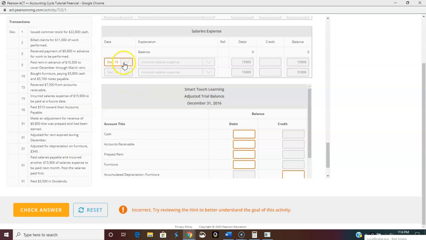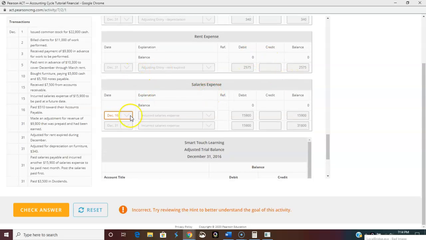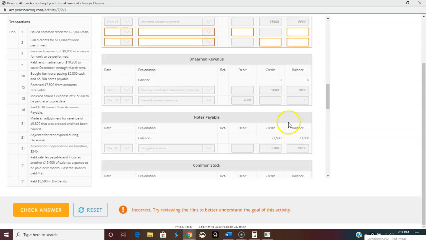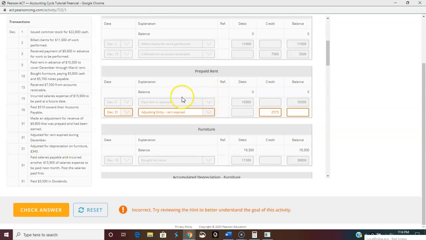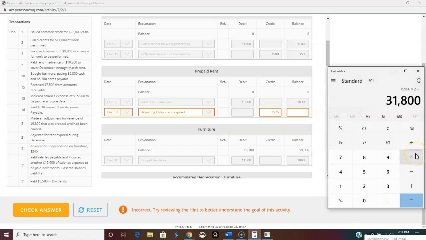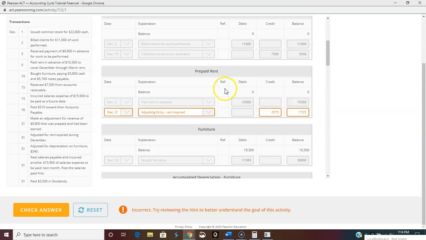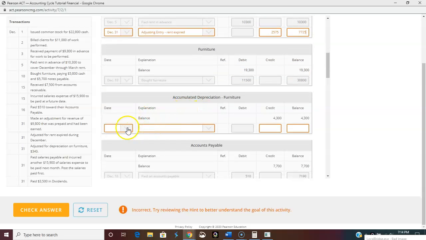I told you this was a pain. Rent expense. I'm just going to find the salaries expense, the first one. The 15th. And fix that. Okay, and go back up here. And where was I? 1,000 minus 25.75 equals 77.25. Okay, what else did we miss?